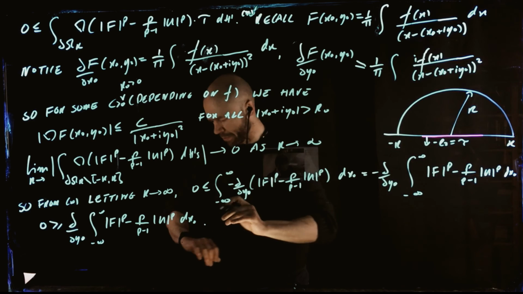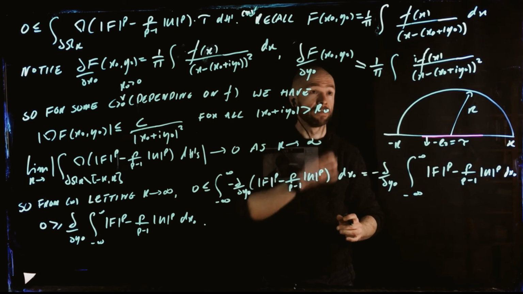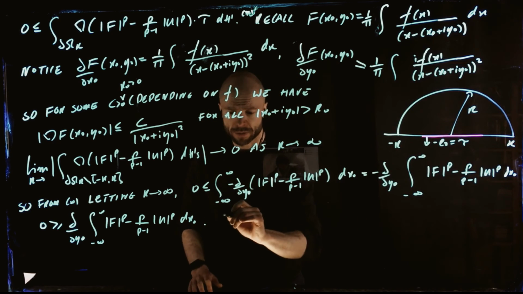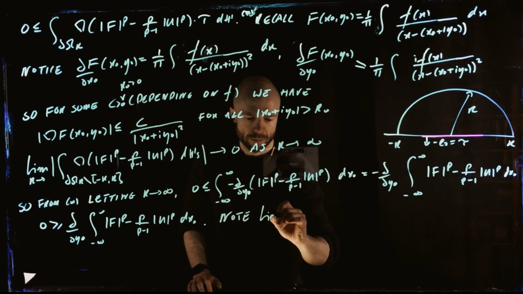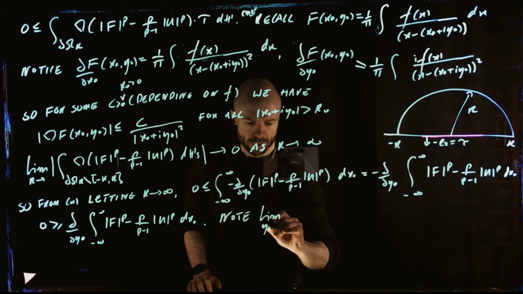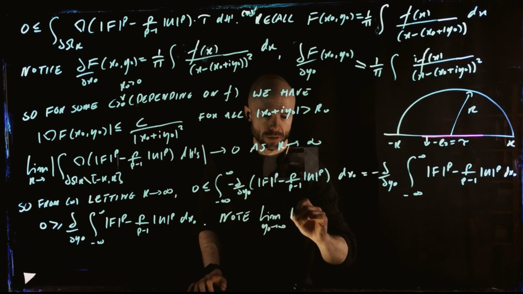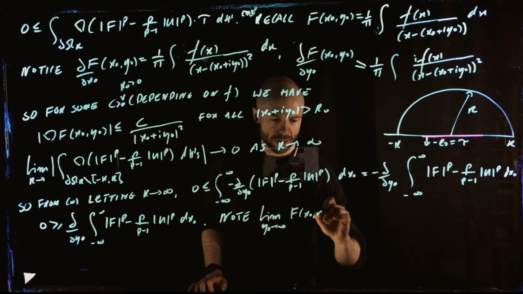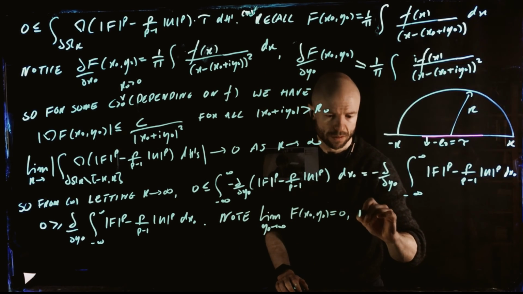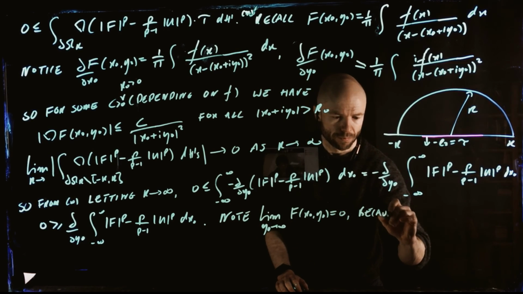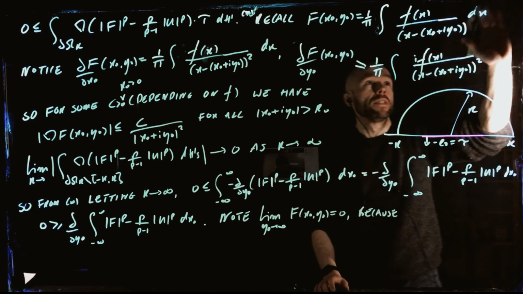I'm over time, so let me just finish with that. So note the limit as y0 tends to infinity of f of x0, y0 is 0 because, let's just mess around with it here.